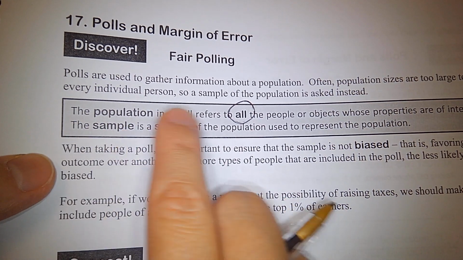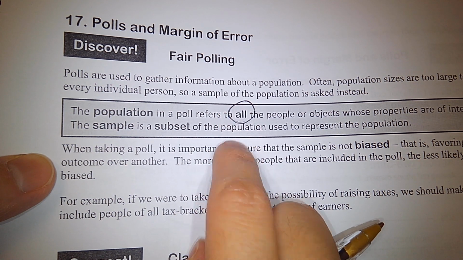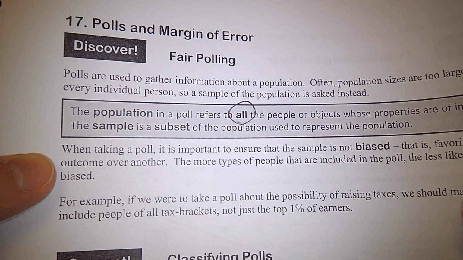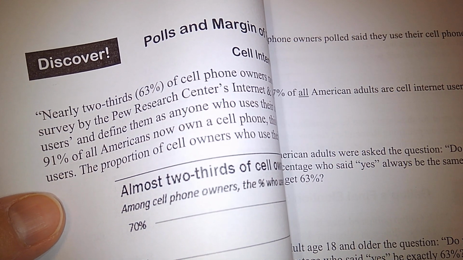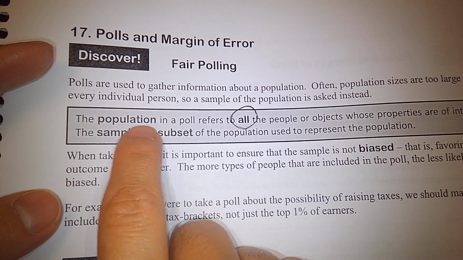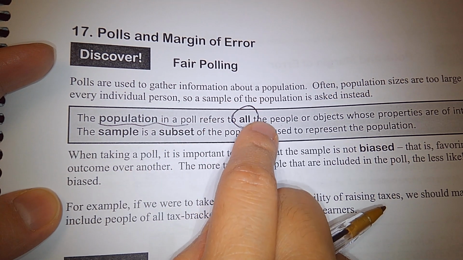So population means everybody. For example, in the example on the next page, they ask for all of the American adults. When we talk about population, it refers to all of the people.